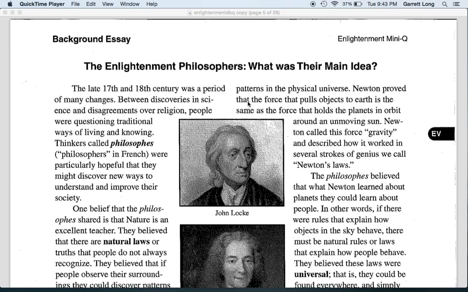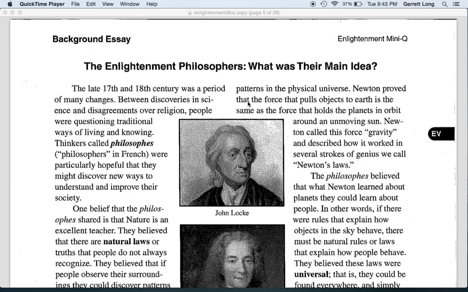So please highlight 17th, 18th century. Also highlight period of many changes. Then please highlight disagreements over religion, and then people were questioning traditional ways of living and knowing.